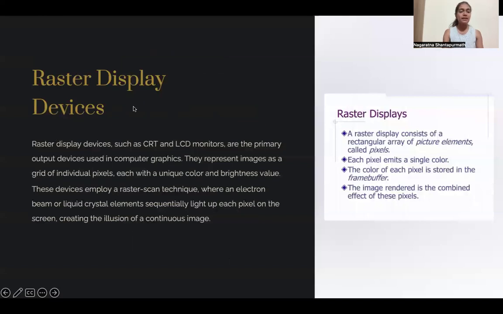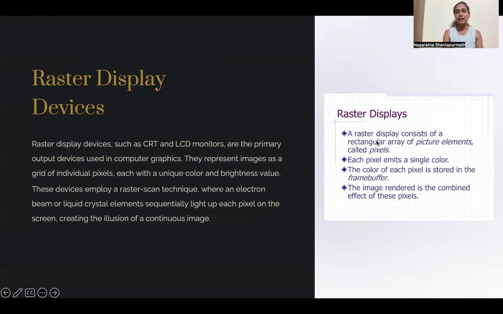The raster display consists of some output devices, those are CRT and LCD monitors. These represent images as a grid of individual pixels, each with a unique color and brightness value. These devices employ the raster scan technique where an electron beam or liquid crystal elements sequentially light up each pixel on the screen, creating the illusion of a continuous image.